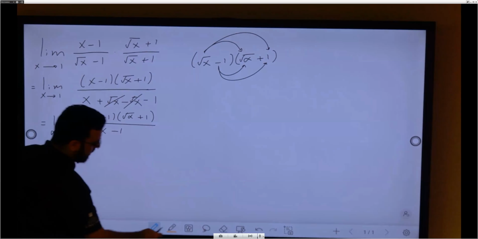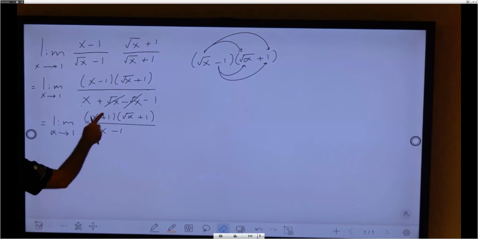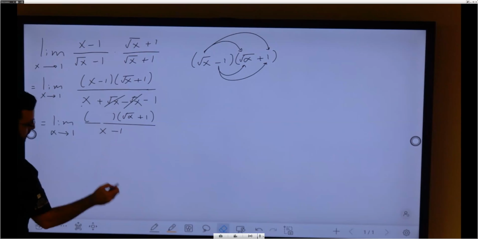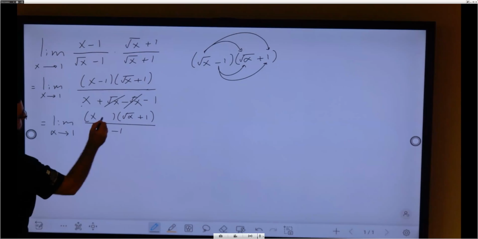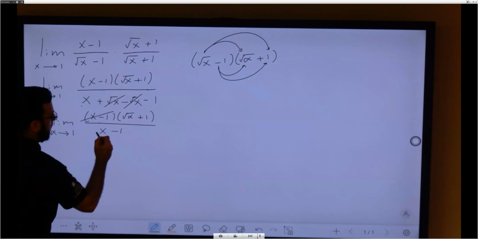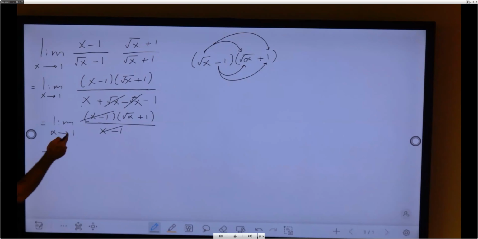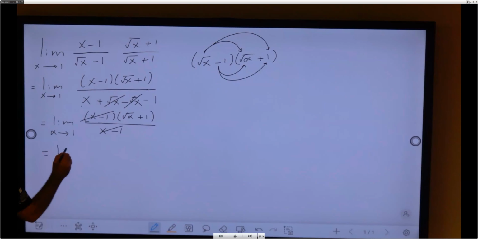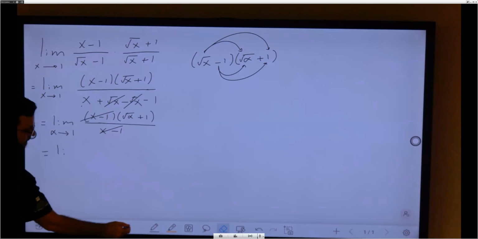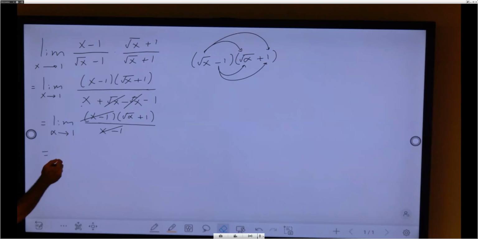Did I change this here? x minus 1. Okay. Now can I cancel these? Yeah. Now, if you plug in 1 here, there's no limit anymore. It's going to be square root of 1 plus 1, which is going to be equal.